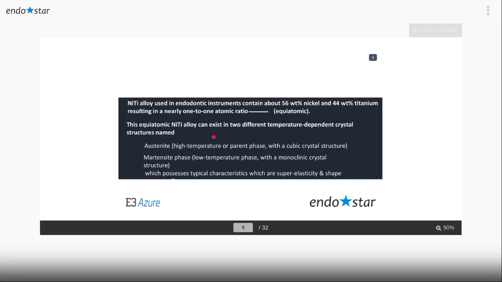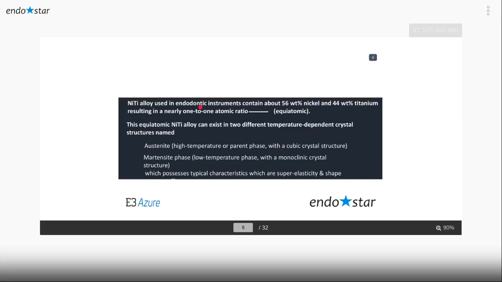Nickel titanium alloy, as an alloy itself, is a combination of nickel and titanium. By weight, 56% nickel and 44% titanium. We can say it's nearly a 1-to-1 atomic ratio, equiatomic, but we also have to know that this percentage is sometimes changed by the manufacturer to get different behavior of the alloy according to the application it's used in.